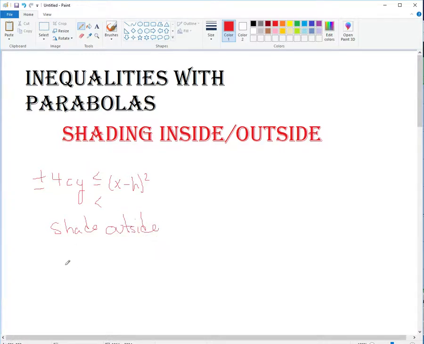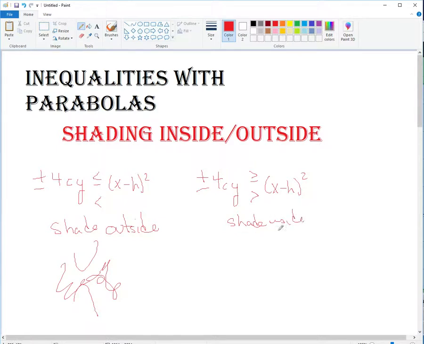And 4cy, these are vertical. And if you had it the other way, so plus or minus 4cy is less than or equal to, or less than, you shade inside, depending on if it's positive or negative.